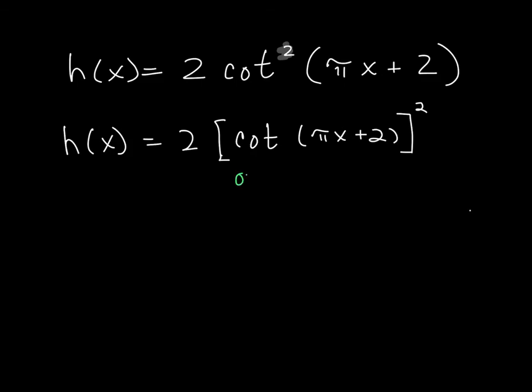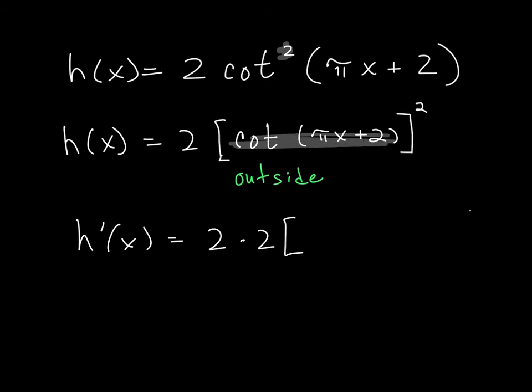The first thing I want to do is take the chain of the outside. What that means is h prime of x is equal to 2 times 2. Everything that is on the inside here stays the same. We don't change any of this right now.